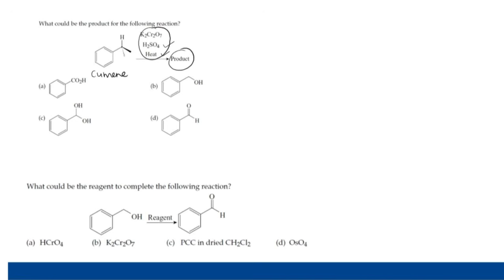What must be the condition? There has to be at least one benzylic hydrogen, so that it will cleave the bond here and oxidize this particular carbon to carboxylic acid. So what will be the final product here? Benzoic acid, and we have it as option A. Therefore, the final answer is A.